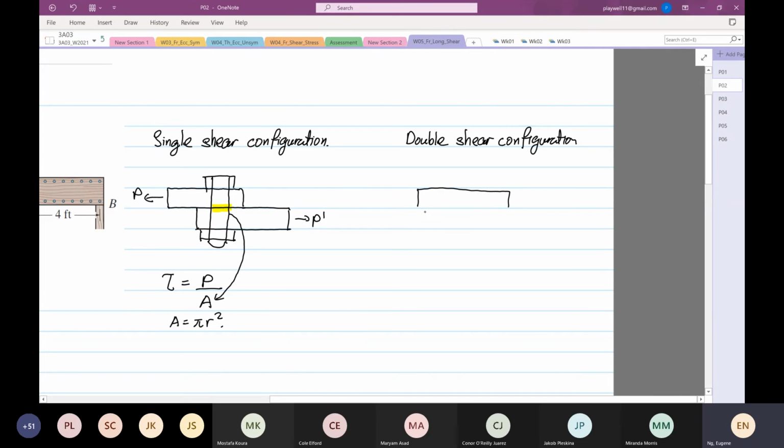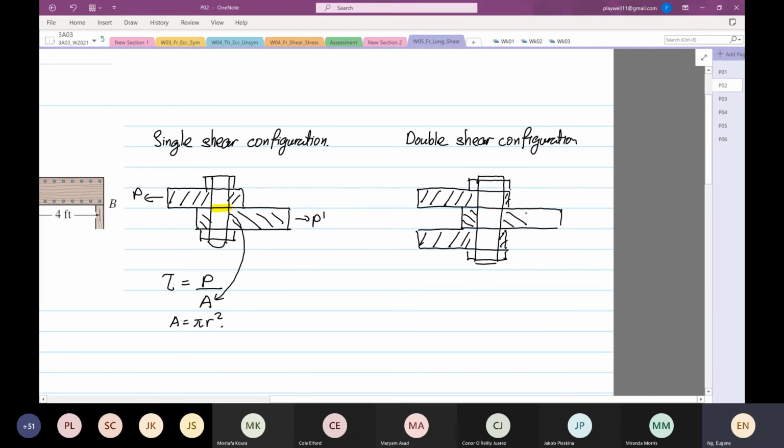You have one piece of wood over here, and it comes down, then you have a bolt going through. This is our bolt and nut, whatever it is. So now you have the cross section.